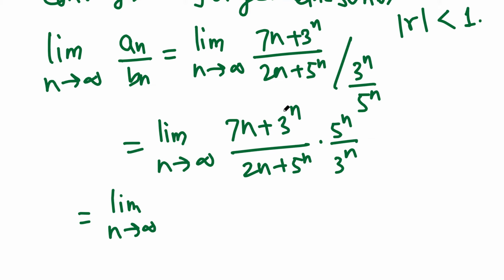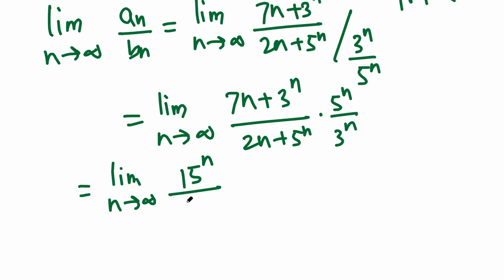So instead of multiplying both, I just want to multiply the leading terms. On the bottom, same thing, just the leading term, 15^n over 15^n, cancel, just 1, which is positive and finite.